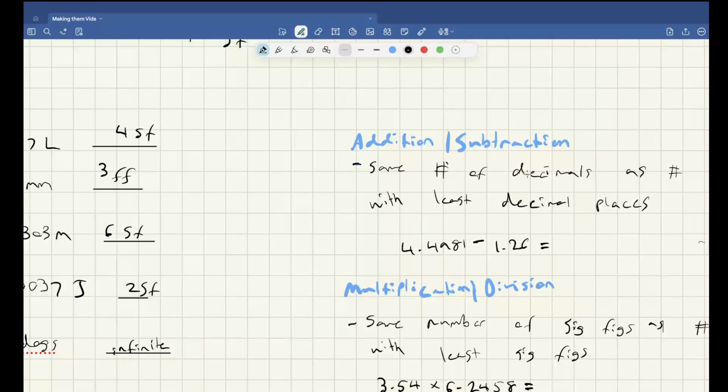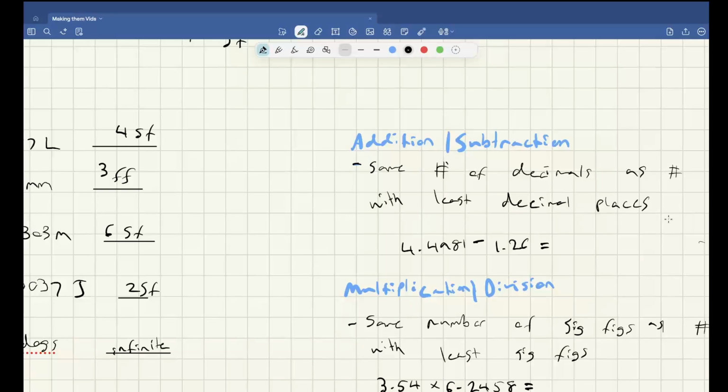So over here, addition and subtraction, we have some rules for this as well. For addition and subtraction, the answer has the same number of decimals as the number with the least decimal places. So for example, let me plug this into my calculator. We have 4.481 minus 1.26.